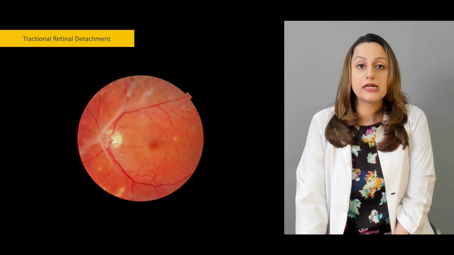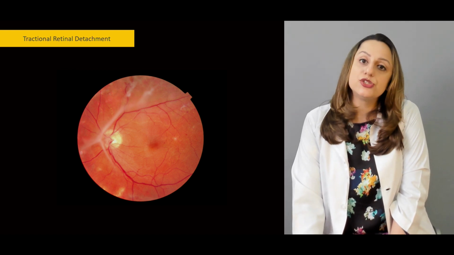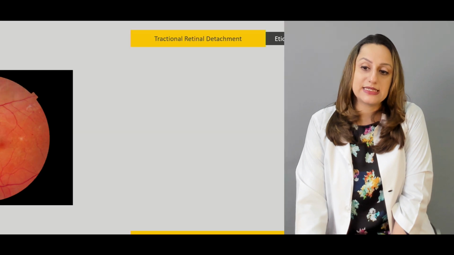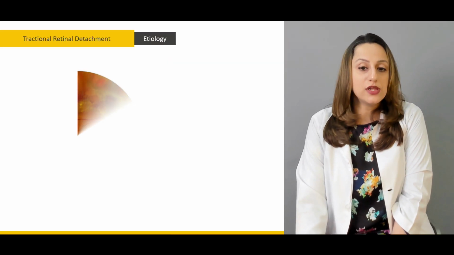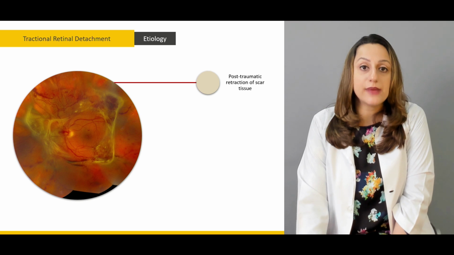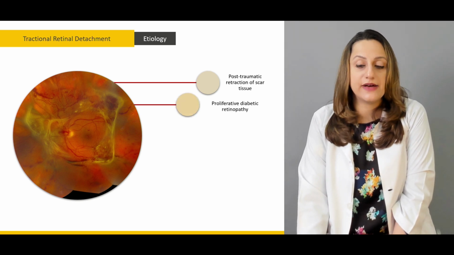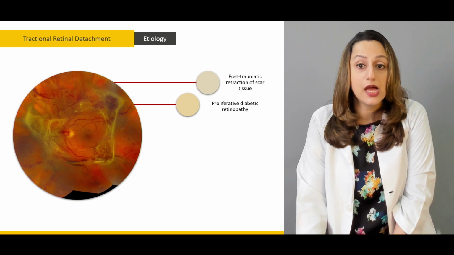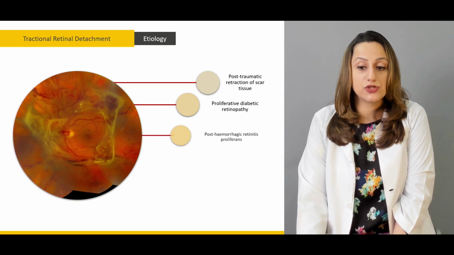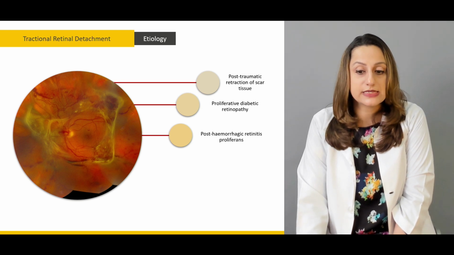Then we have another major category of retinal detachment, that is basically the tractional retinal detachment. The etiologies would be, obviously, a post-traumatic tractional scar or a tissue that is related to the development of this kind of condition, proliferative diabetic retinopathy, post-hemorrhagic retinitis proliferans.